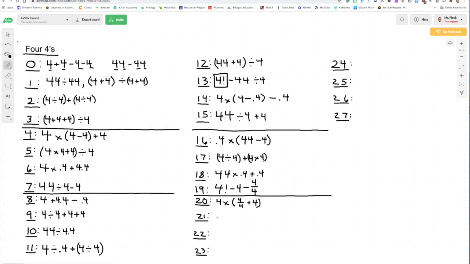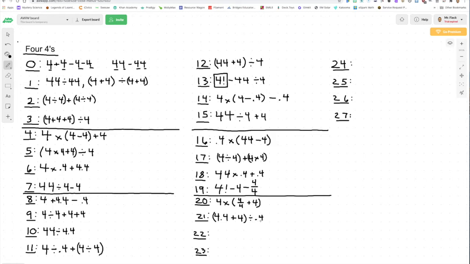For 21, I had to really get creative. This one took me a bit of time to solve, but I did 4 and 4 tenths plus 4, and I put that in parentheses to do that first, divided by 4 tenths.